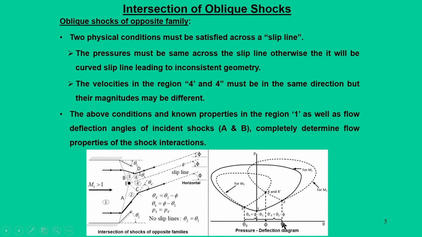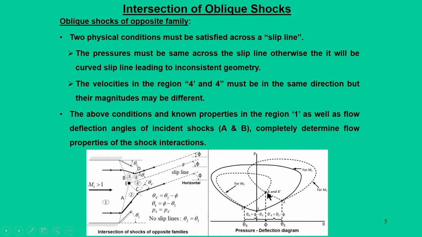Now, once you have 2 and 3, from point 2 another pressure deflection diagram can be drawn with respect to the Mach number in region 2. So, this particular dotted line can be drawn for the Mach number M2, and similarly we can also draw the P theta diagram at point 3 with respect to Mach number M3. When you draw these independently, both the curves, that means after interaction of shocks A and B, that is regions 3 and 4, will intersect at a point 4 and 4 dash, and this intersection point is nothing but the location of the slip line.